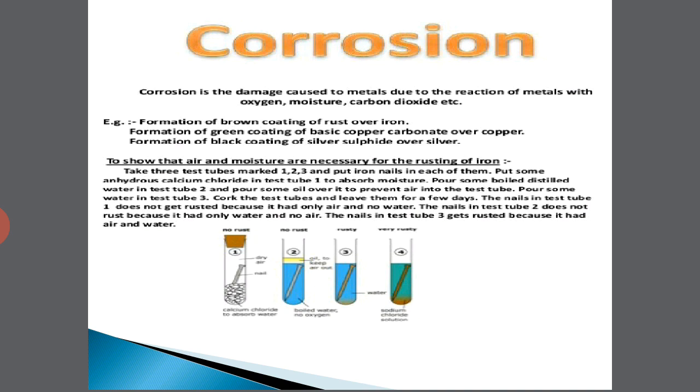You can understand from these test tubes also: if you leave an iron nail for a longer time, then definitely a brown colored layer will deposit over there. And if you leave water in the copper vessels for a longer time, again a greenish layer will start depositing over there. That is the corrosion of iron as well as copper also. Okay, let's move further.